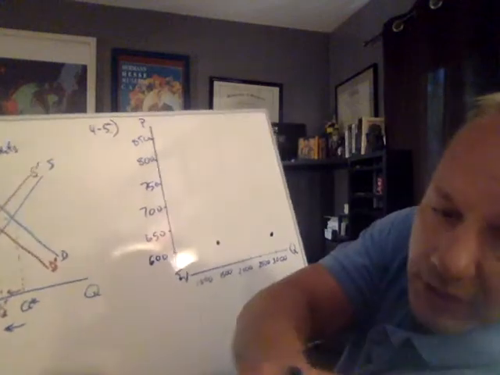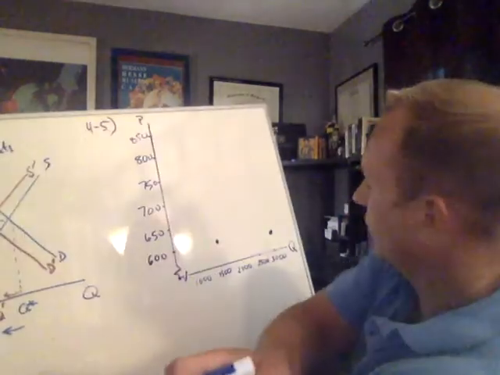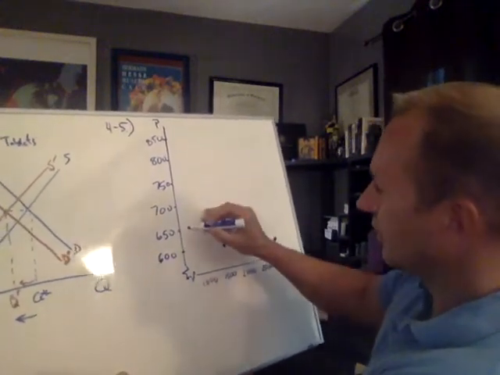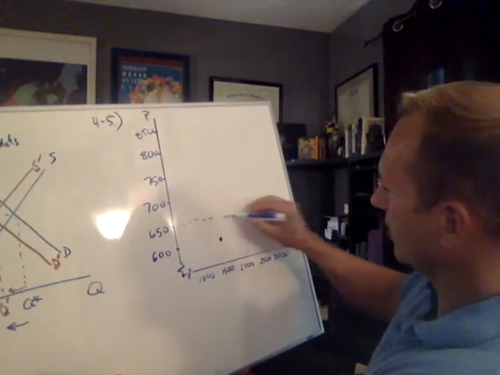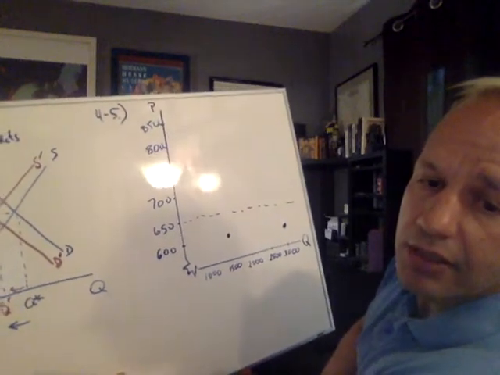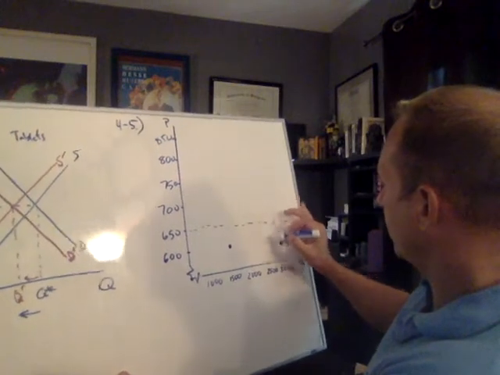And then if the price were $650, the quantity demanded would fall to 2,500. All I'm saying is this whole row across here is 650. And at 650, again, the quantity demanded is 2,500. That is right there.